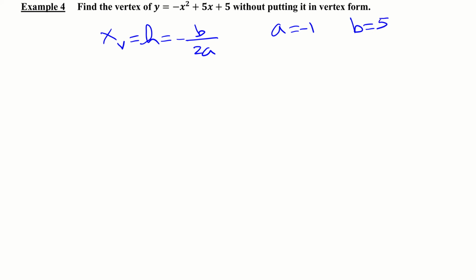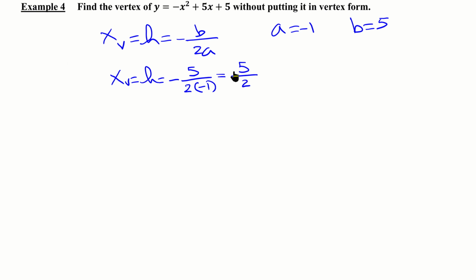So the x value of the vertex here, or h, is going to be negative b, which is 5, over 2 times negative 1, 2a. So notice if you simplify that, that's just 5/2.